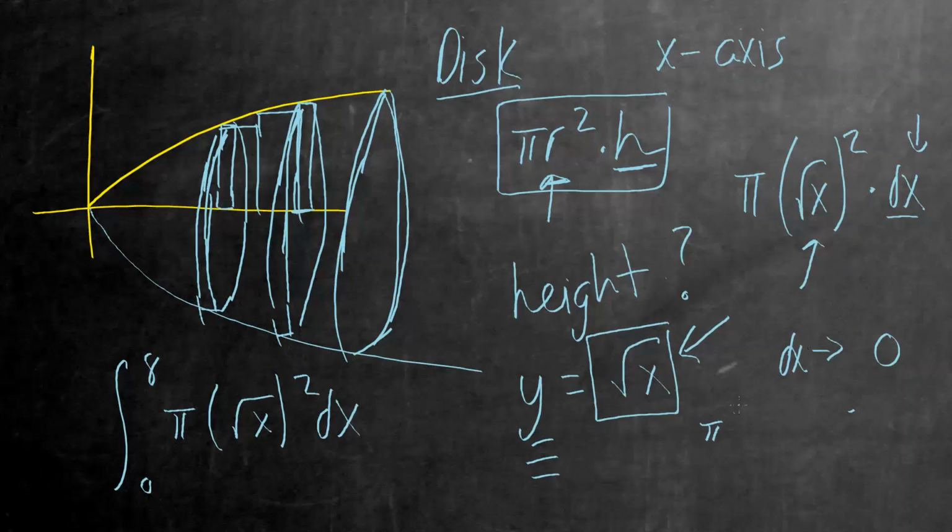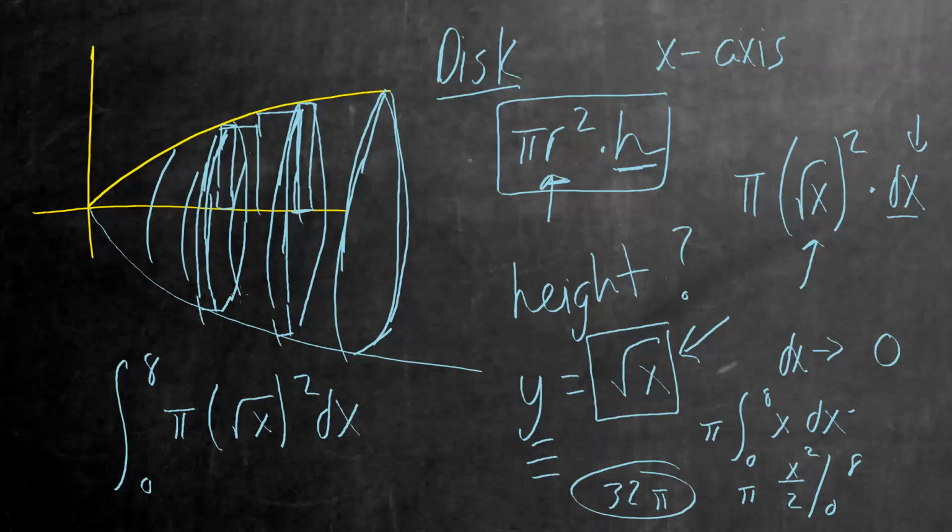And Mr. Richard always likes to put the pi in front. Got to know that. x dx, the integral of x is x squared over 2. Put the pi in front. From 0 to 8, 64 halves minus 0 halves. 64 halves is 32. 32 pi will be the volume of the solid we made here.